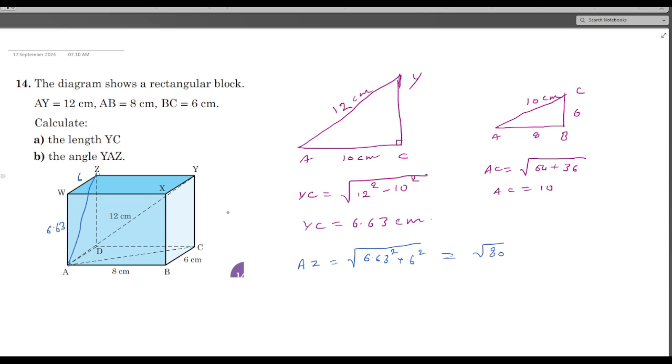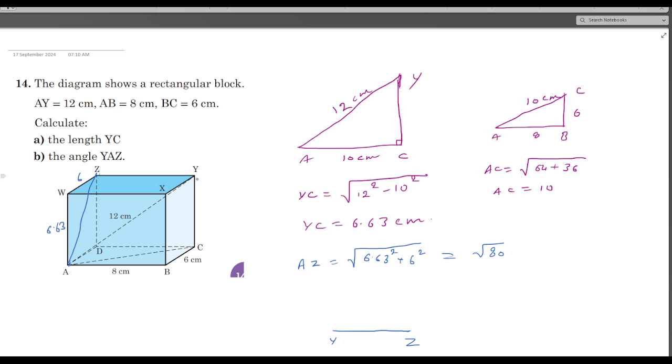So here, if I draw YZ at the ground level, then from Z to A is going to be perpendicular on this YZ, because this WXYZ plane is perpendicular to plane WADZ.